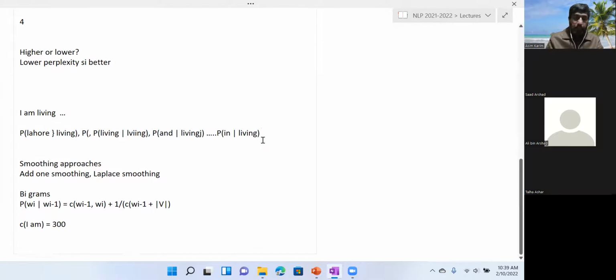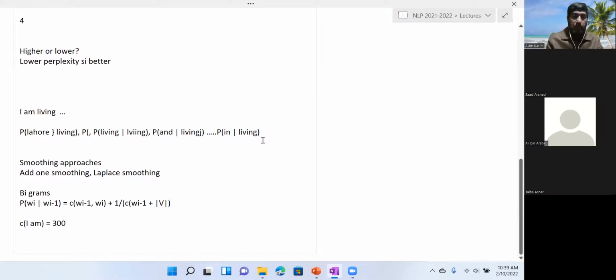So this is basically add one smoothing. You assume you are adding one more of that particular event, in this case a bigram. You add one in the numerator, and in the denominator, the count increases by V, the total number of distinct words in your data set.